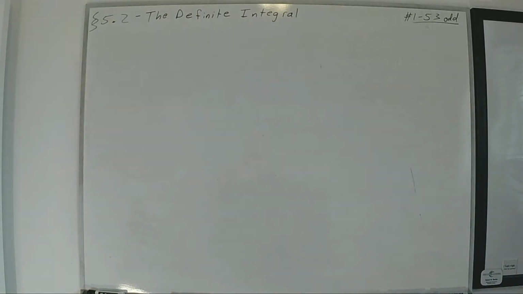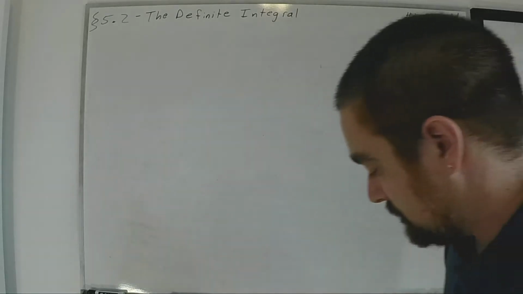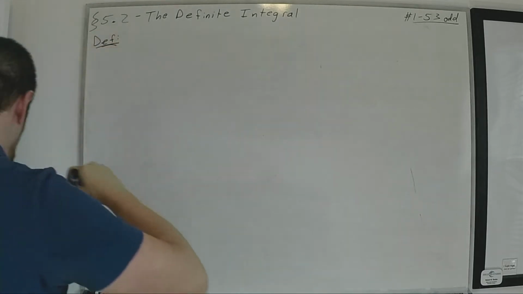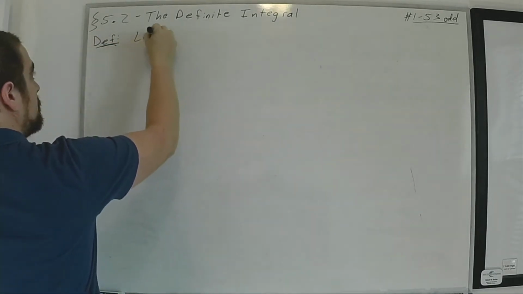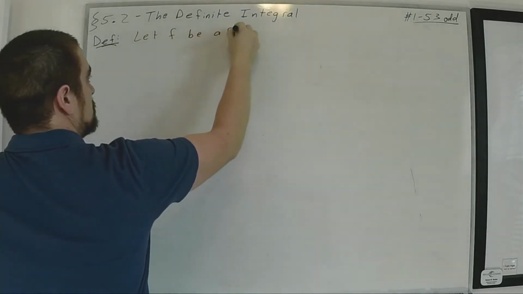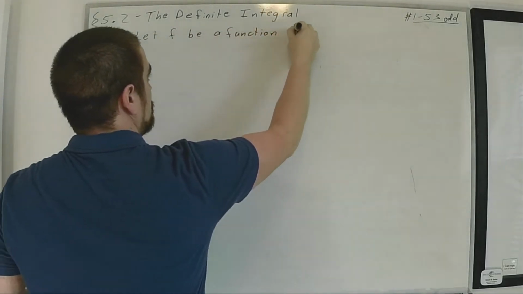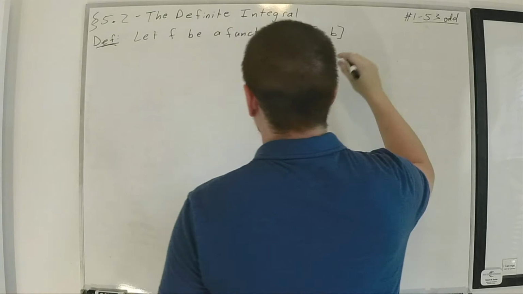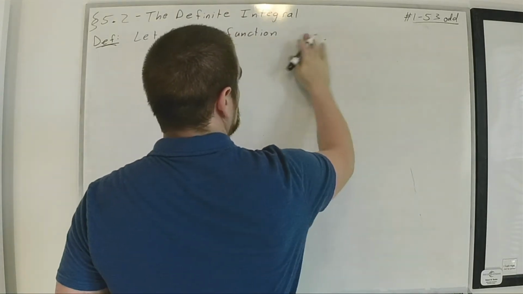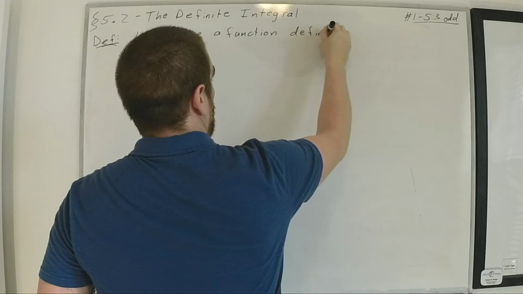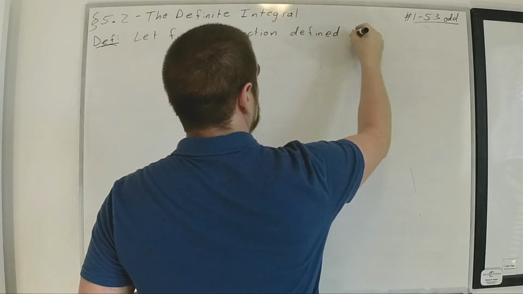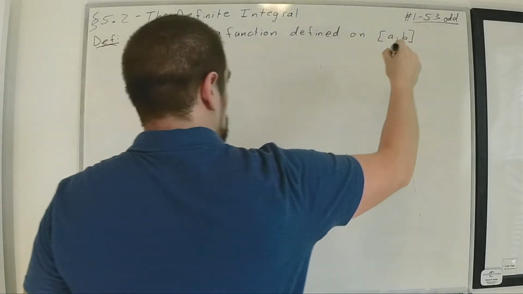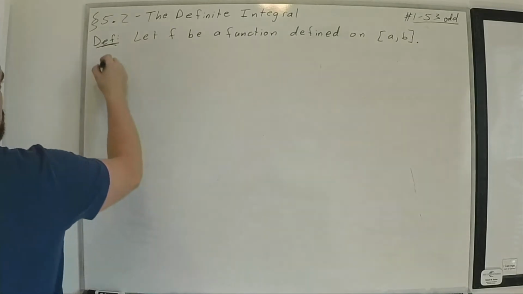So I'm going to start this section off with the definition. And what we'll do is we will say, let f be a function defined on the closed interval a to b. You don't want to run into any sort of trouble areas. So we'll let f be a function defined on that closed interval a to b.